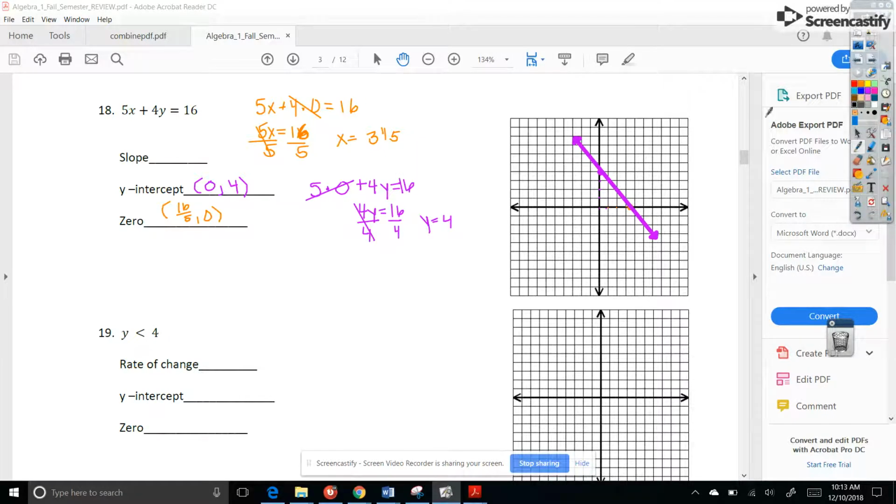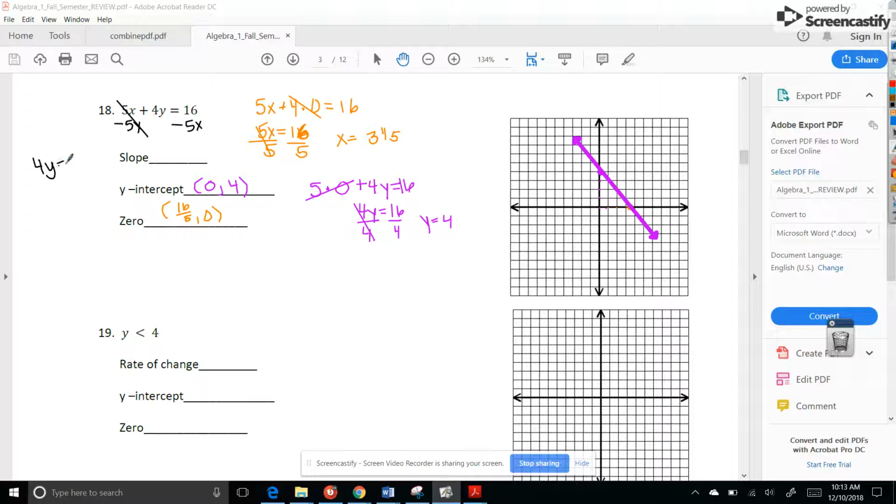So I'm actually going to solve this equation and put it into y equals mx plus b, and I'll be able to get the slope a little bit easier there. So if I subtract 5x from both sides, I'm left with 4y is equal to -5x plus 16. Dividing both sides by 4, I see that my slope is -5/4.